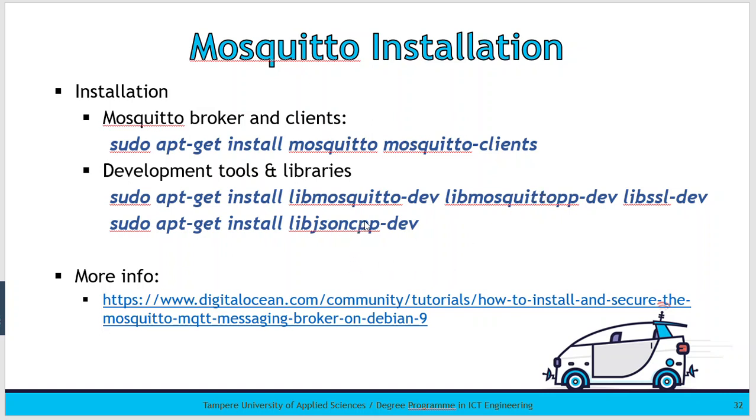And we are also passing a JSON string, so JSON parsing libraries are required. So Mosquitto, Mosquitto CPP libraries and JSON parser libraries are what we need in the future.